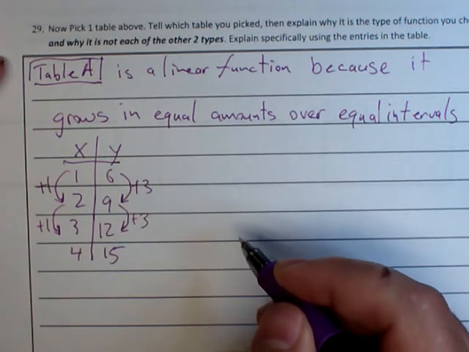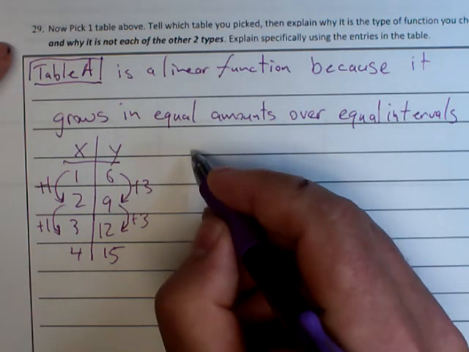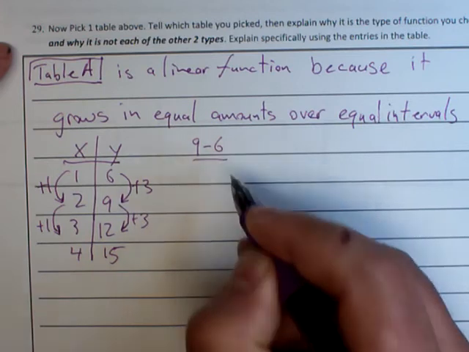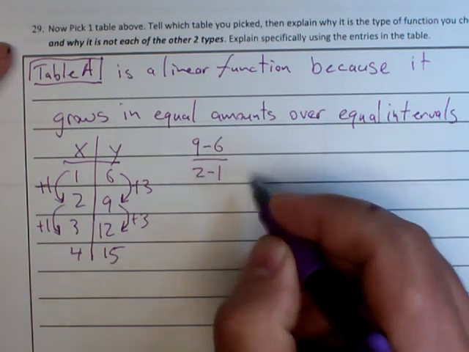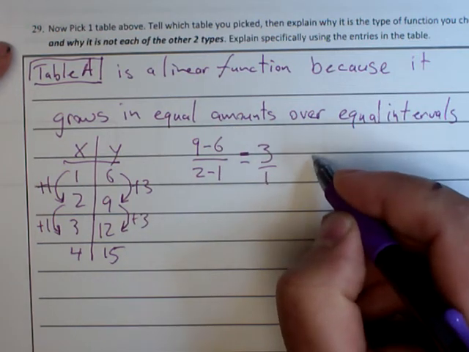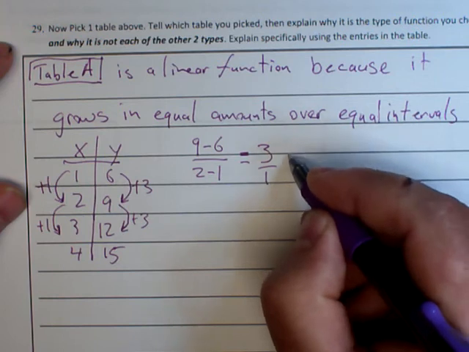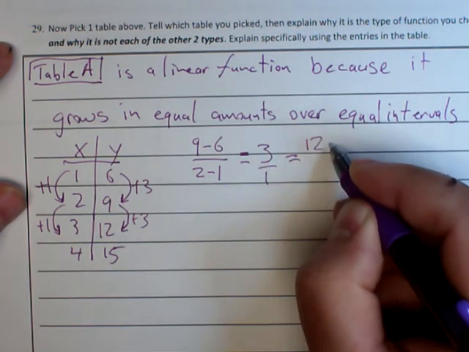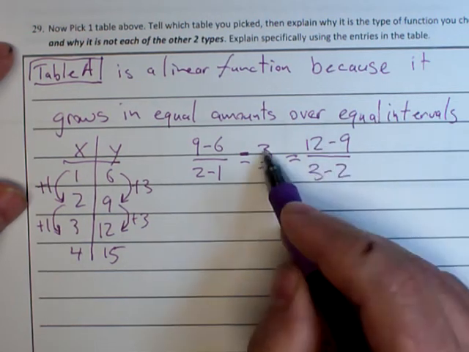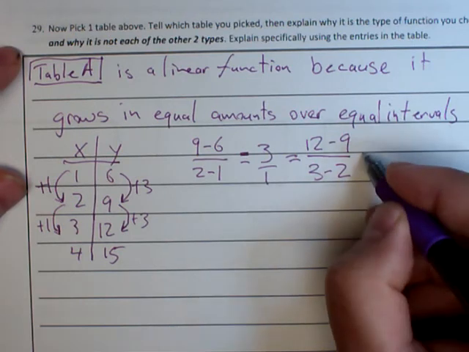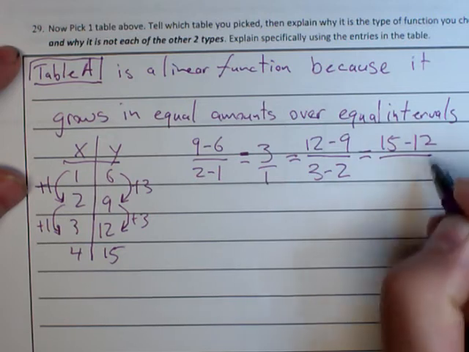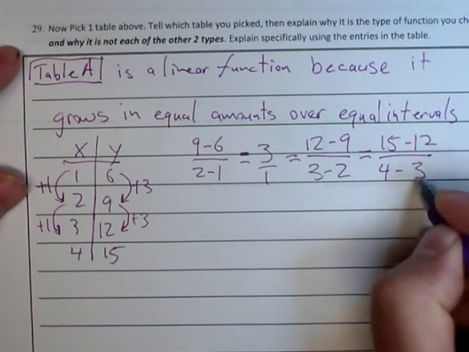And to be really specific, the thinking that's going into this is 9 minus 6 over 2 minus 1 is equal to 3 over 1. And if I did the next entry, it's also equal to 12 minus 9 over 3 minus 2. 12 minus 9 is 3. 3 minus 2 is 1, which is equal to 15 minus 12 over 4 minus 3.